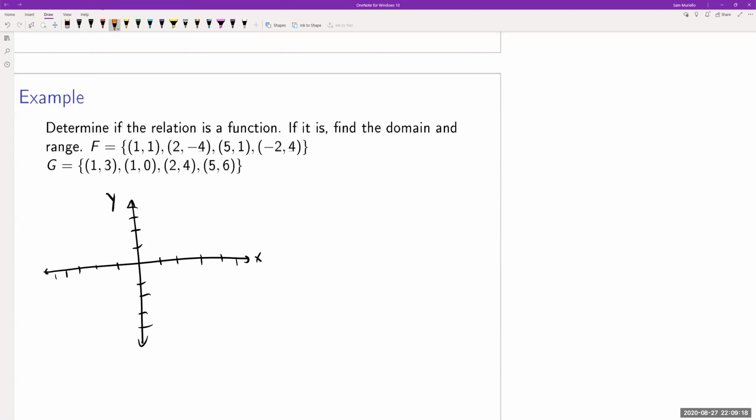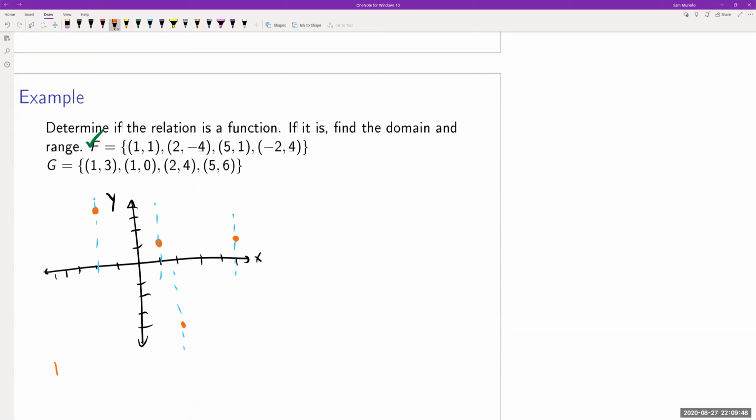Okay, so I've got the points (1, 1), (2, -4), (5, 1), and (-2, 4). All 4 of these points have different x coordinates. No vertical line would ever pass through more than 1 point. We're good here, we're good here, we're good here, we're good here. So yes, f is a function.